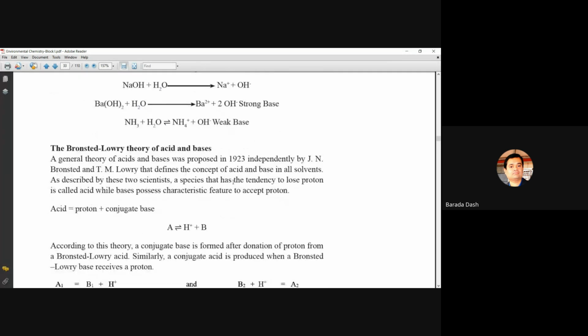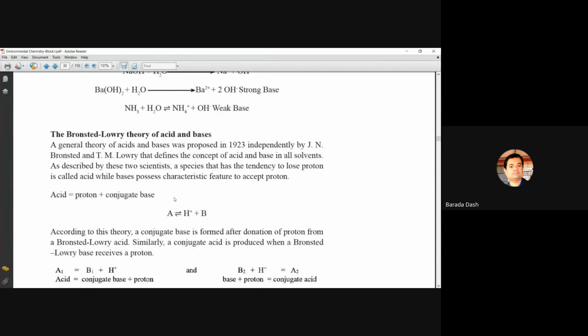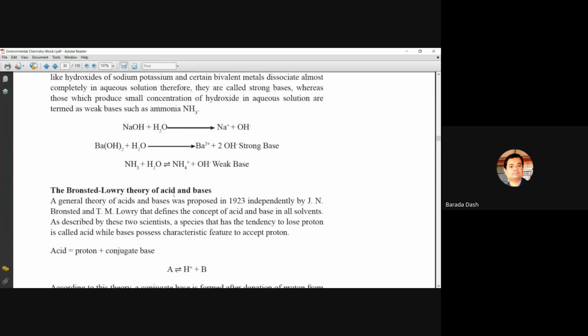So when they react together, the acid donates a proton and the base donates a hydroxyl ion.